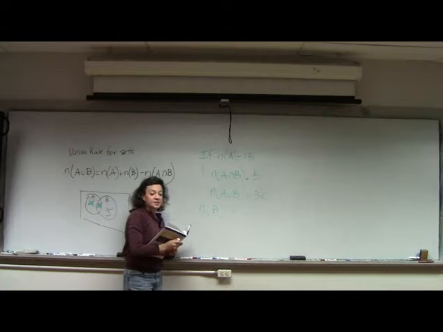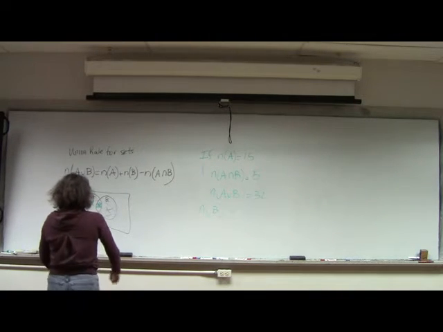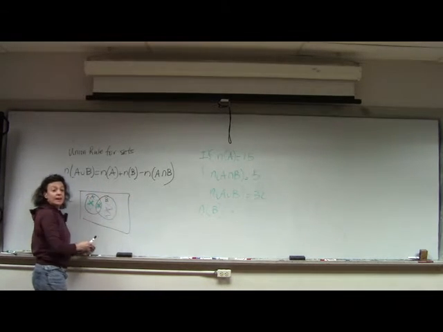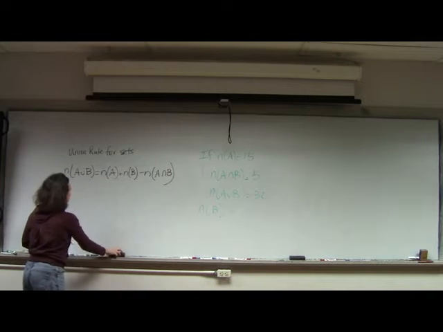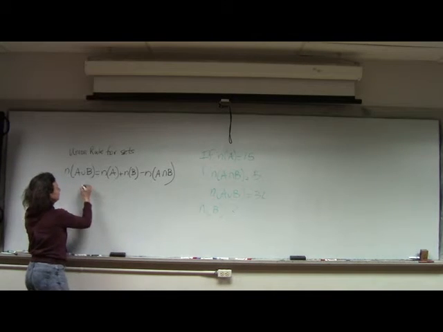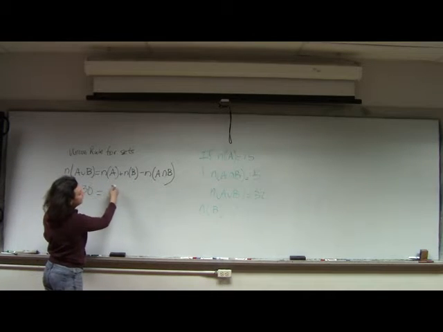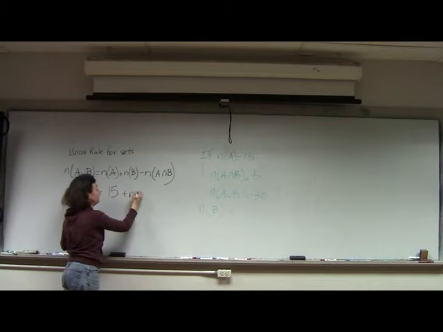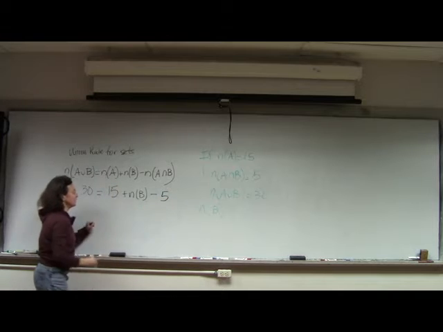All right, this is a straight up union rule question. What we can do is take the information that's given and fill it in over here. So I'm given that the number of elements in the union is 30. The number in A is 15. I want to know how many are in B. And the number of elements in the intersection is 5.